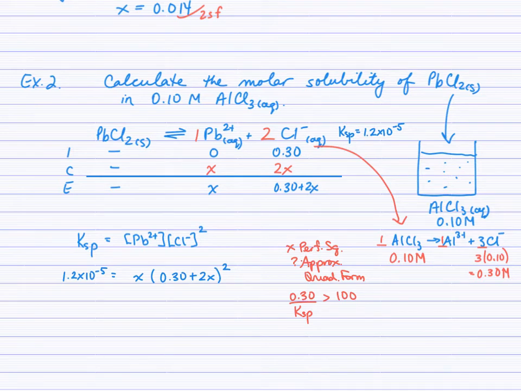You'll find that it most certainly is greater than 100, and so that 0.30 plus 2x can just be written as 0.30. And we're going to use that simplification to make the math of this problem take a lot less time. Look at the simplification that brings.